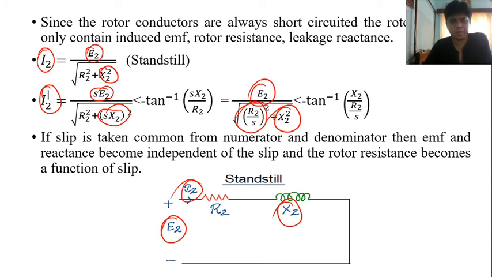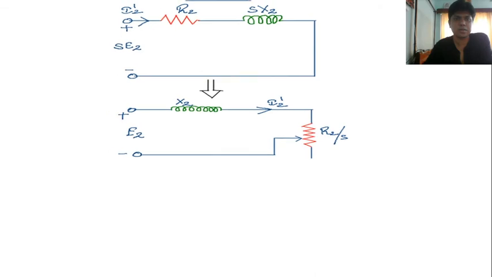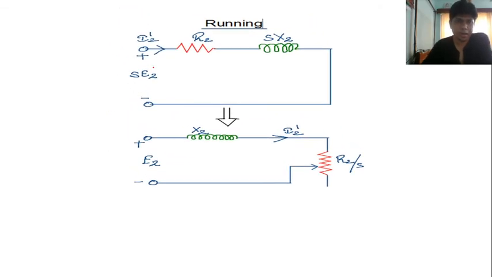That's why E2 and X2 are not scaled by a factor of S. But in case of the running conditions, induced EMF and leakage reactance are scaled by a factor of S. And this diagram can be drawn like this.